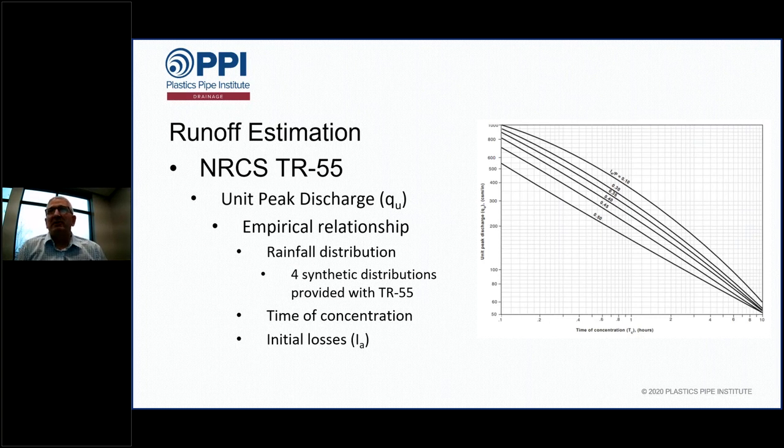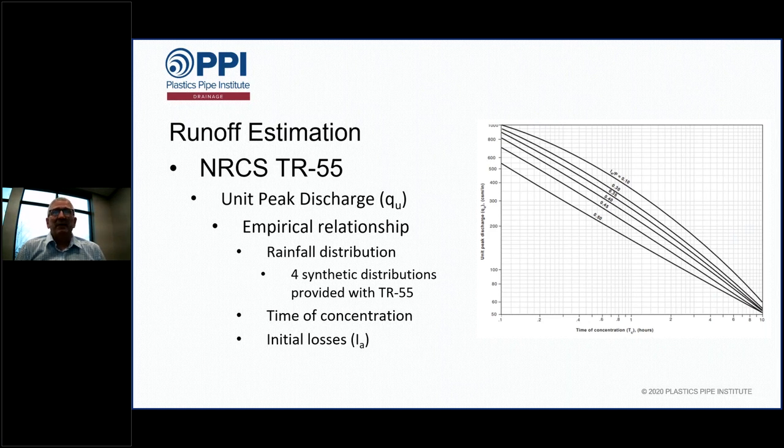Next thing we talk about is our unit peak discharge, Q sub U. And the reason that we talked about the initial abstraction, I sub A, was because we need the I sub A value in order to determine our unit peak discharge. It's an empirical relationship based on different rainfall distributions. What TR55 did was divide the country into 4 groups. And it said within these 4 groups, this is what a normal typical storm looks like for any one of these groups.